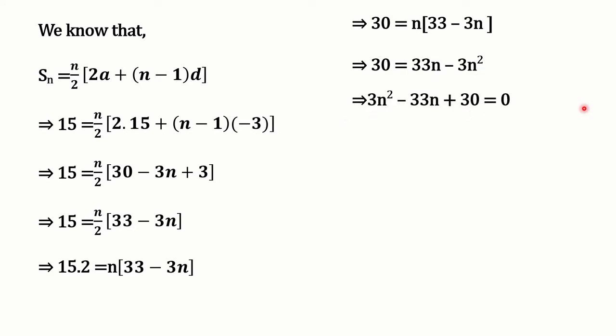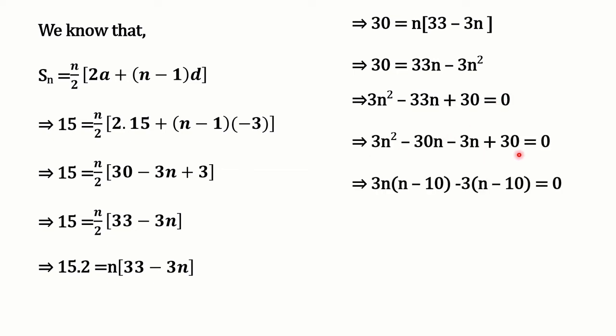Now I hope you know how to factorize a quadratic equation. So please try on your own. On factorization, we are going to get these steps and ultimately we'll get n minus 10, 3n minus 3 is equal to 0. It means either n minus 10 is equal to 0 or 3n minus 3 is equal to 0.